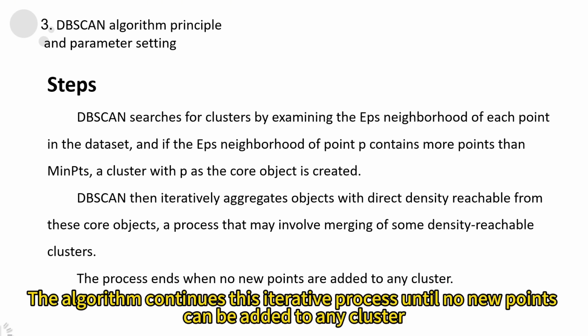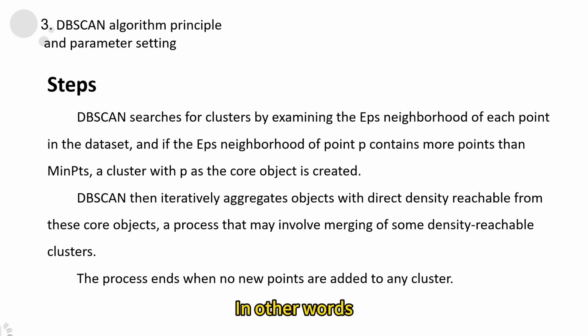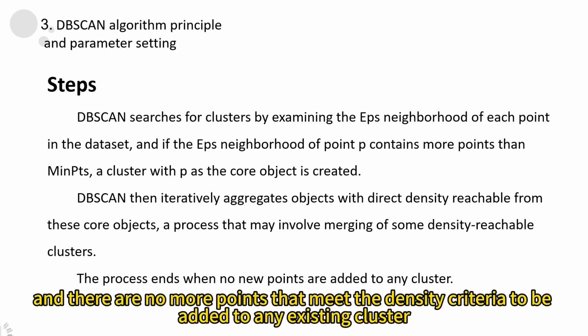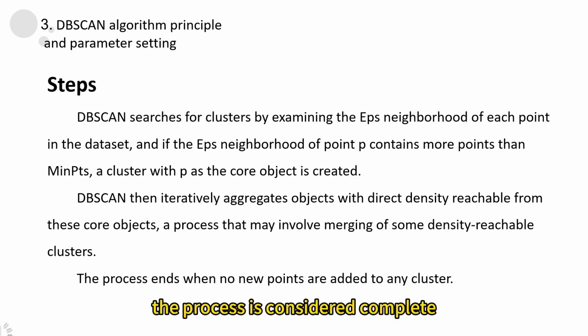The algorithm continues this iterative process until no new points can be added to any cluster. In other words, when all points in the dataset have been examined, and there are no more points that meet the density criteria to be added to any existing cluster, the process is considered complete.